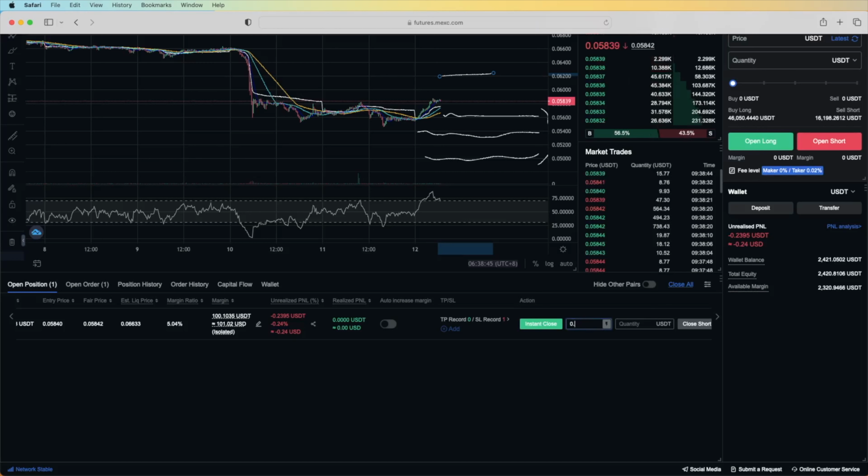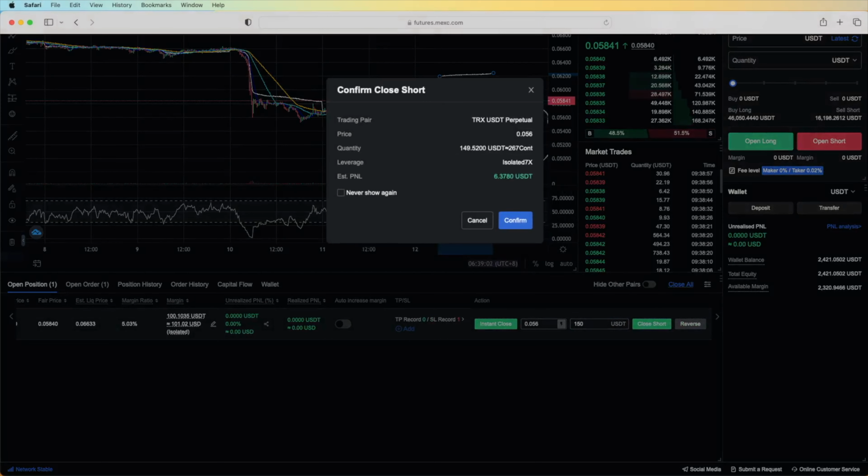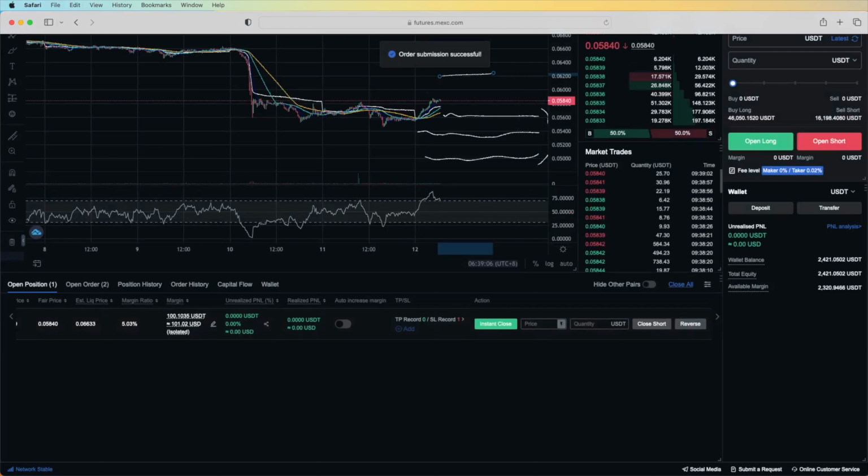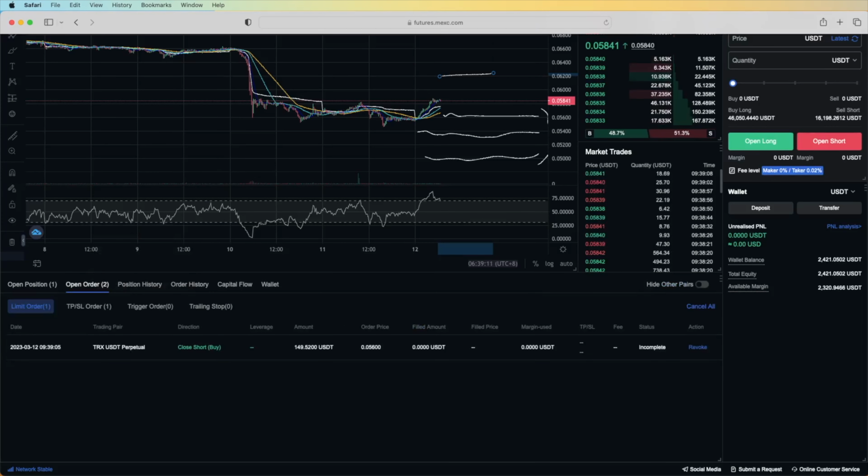I'm gonna close the 25% or 100%, and you can even put a number as well, 150 USDT, and they close your short. They're gonna give me the $6 profit, and all of the thing is gonna be sitting here.